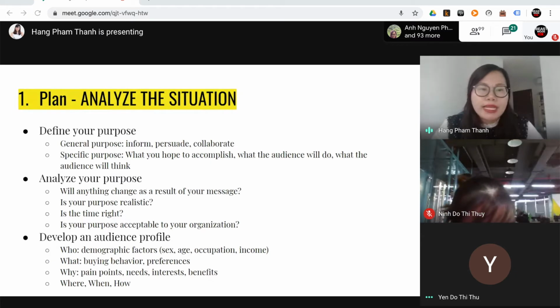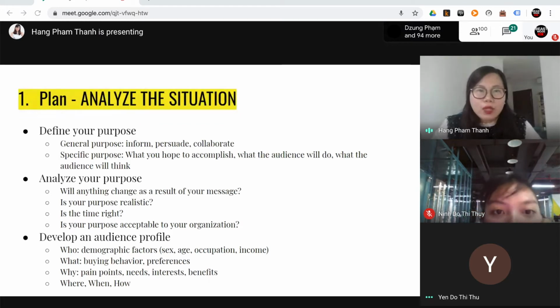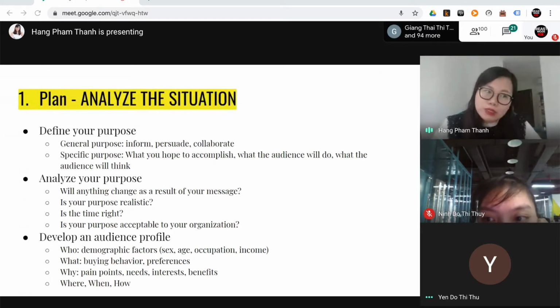The who here may relate to demographic factors like sex, female or male, age, occupation or income. Then we move to the next question of what they want, what they care about, what they like. I'm talking about buying behavior, preferences, thinking patterns, culture.